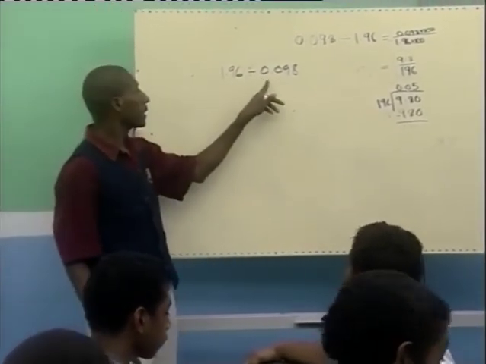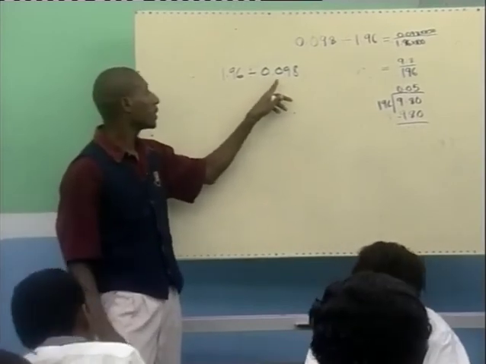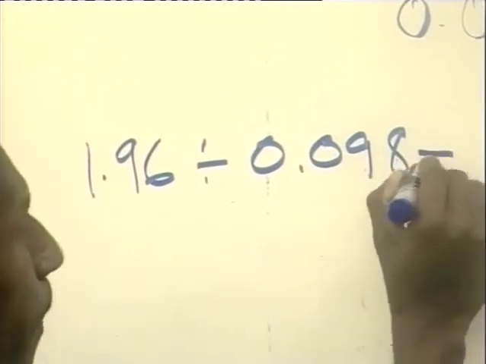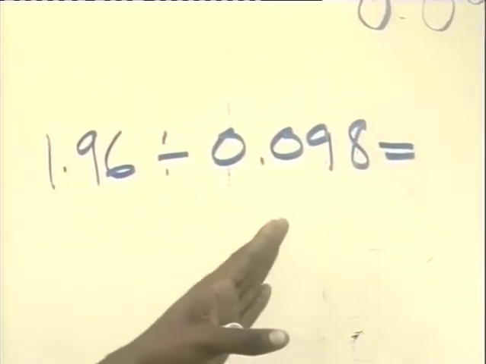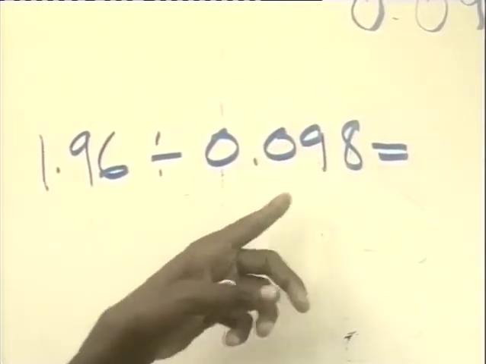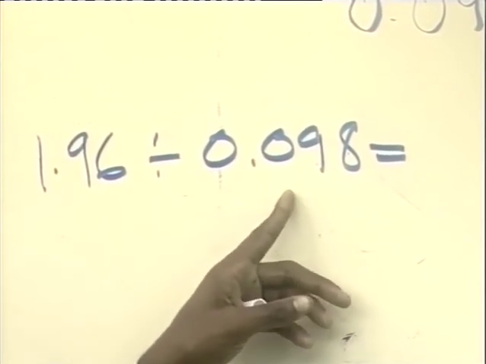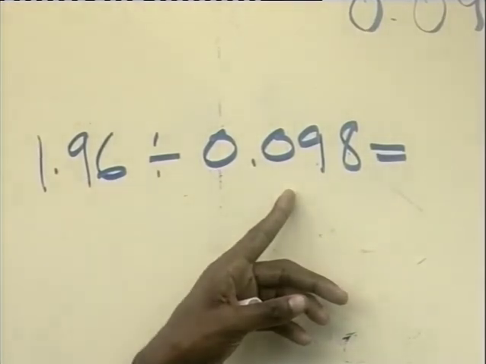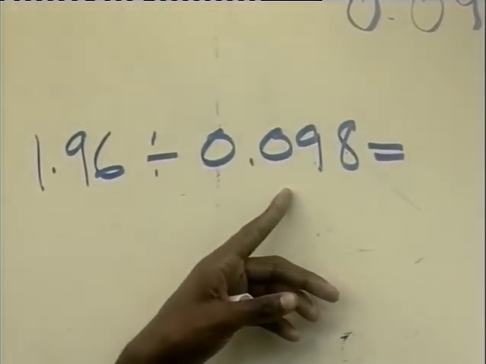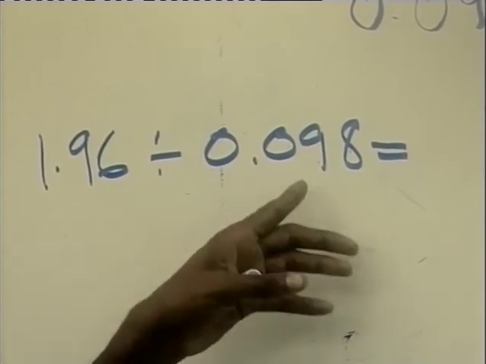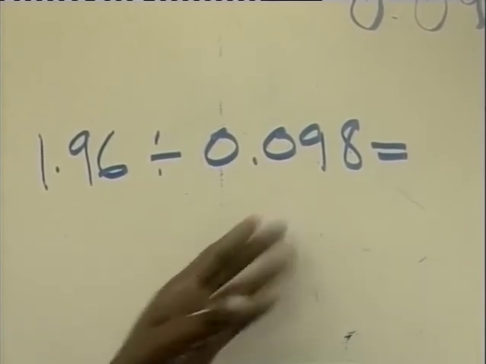Now, what do we do? We follow the steps. To make this divisor a whole number, what do we multiply by, 100 or 1000? We multiply by 1000 because the divisor has 3 decimal places.